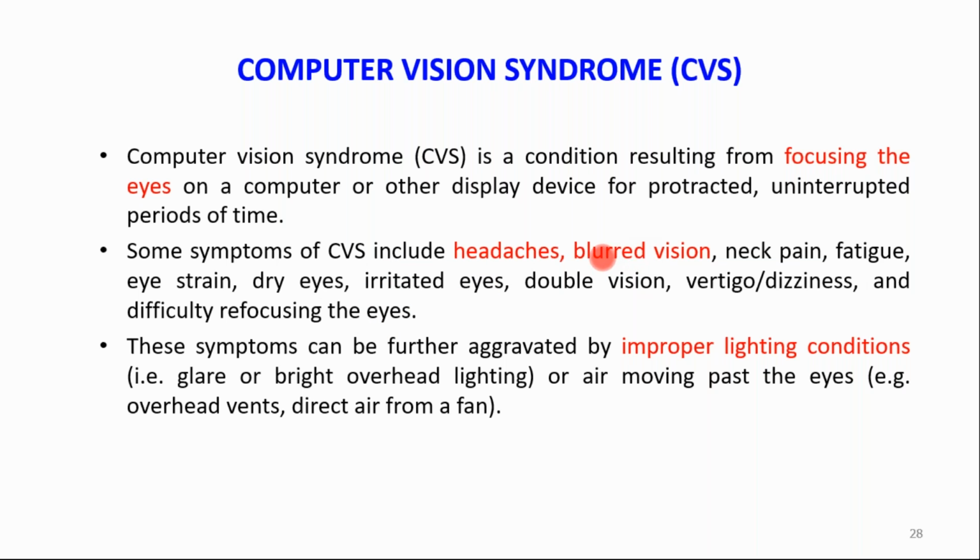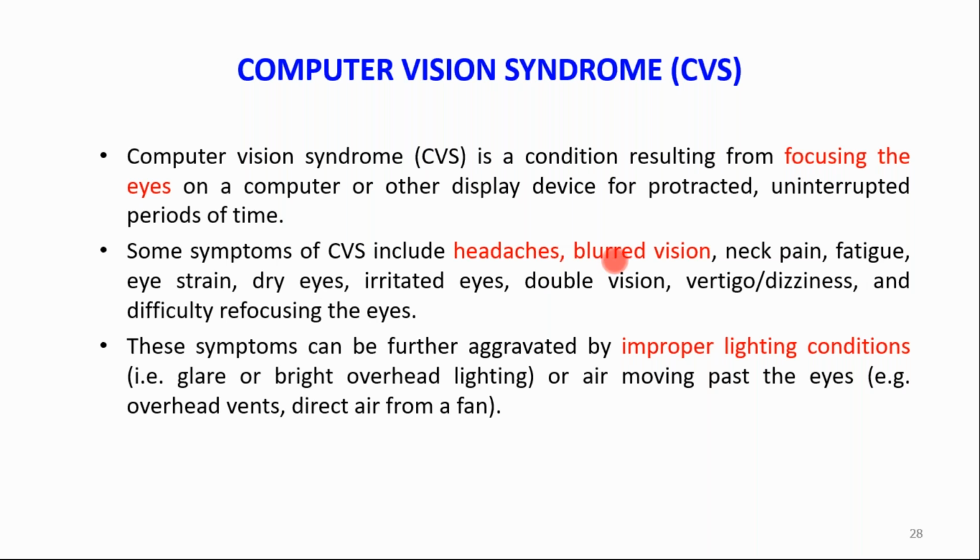If your eyes get strained due to this focusing and refocusing, then it may affect the head. So headache may be one of the symptoms, and sometimes blurred vision due to continuous focusing and refocusing for a longer time.